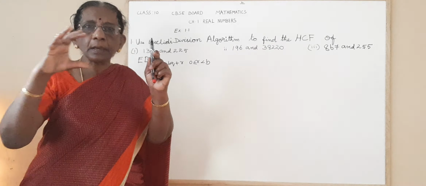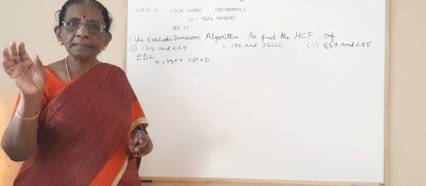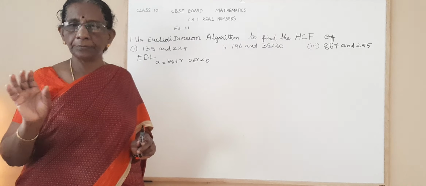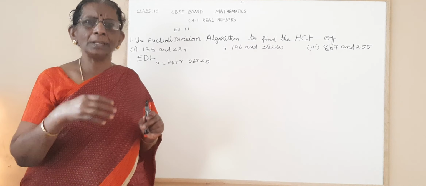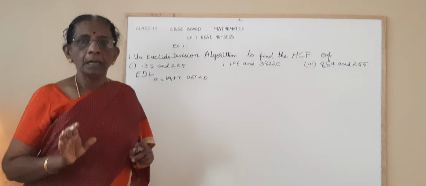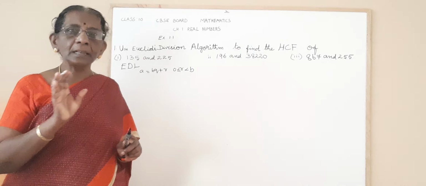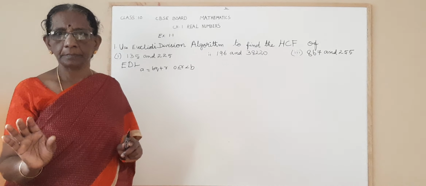Now what is the meaning of highest common factor? When you are listing the common factors, among those factors, the highest number will be the highest common factor. We are only recalling this, as it was already studied in lower classes. The other name for highest common factor is the greatest common divisor.